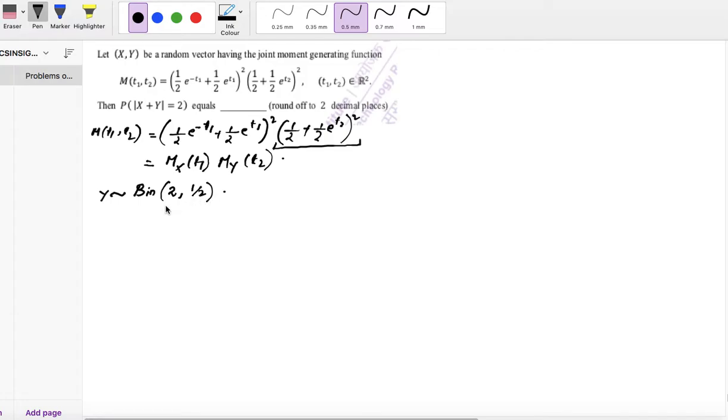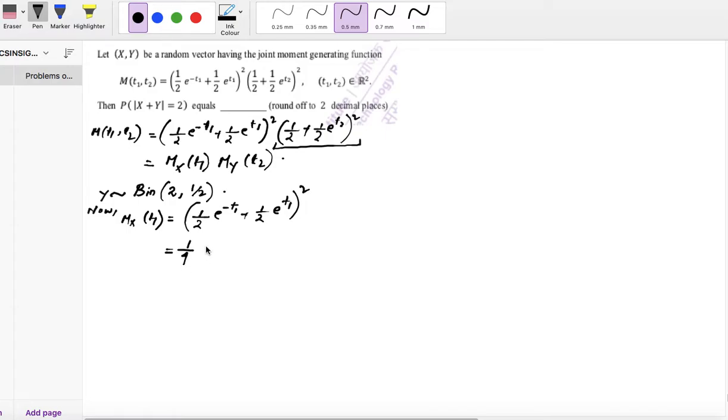Now M_X(t1), we have to break it out. Half e to the power minus t1 plus half e to the power t1, whole square. Let's take the half outside.